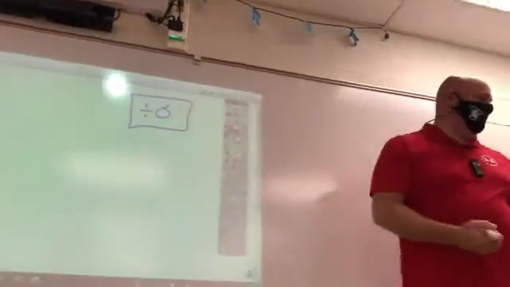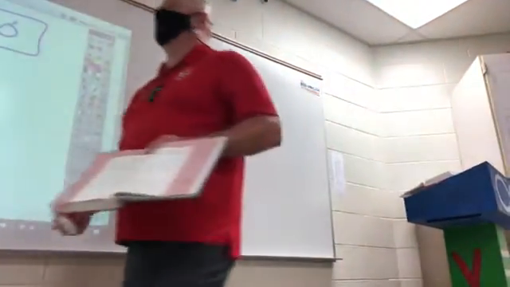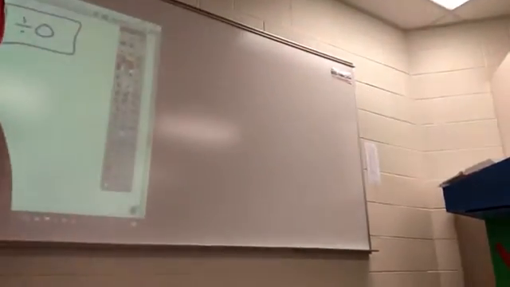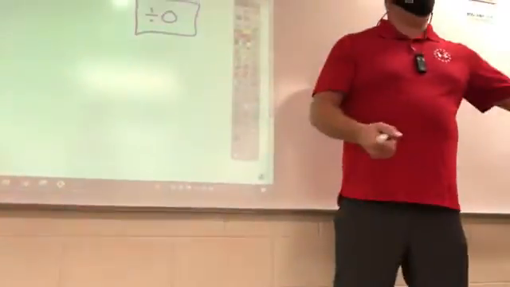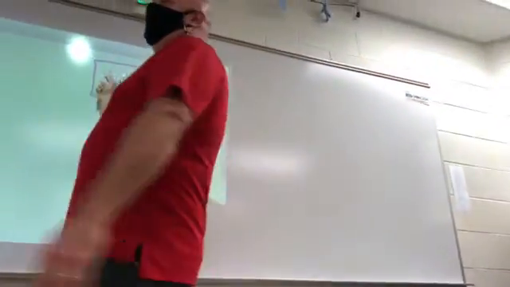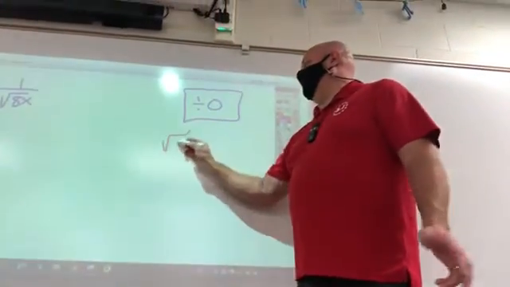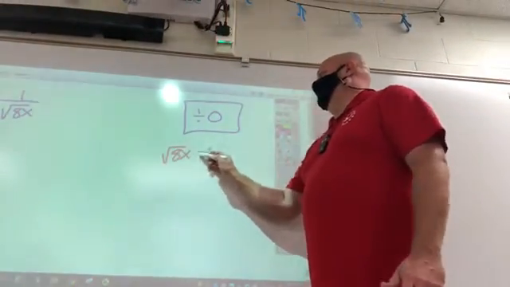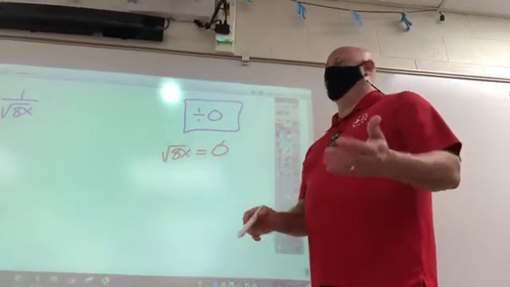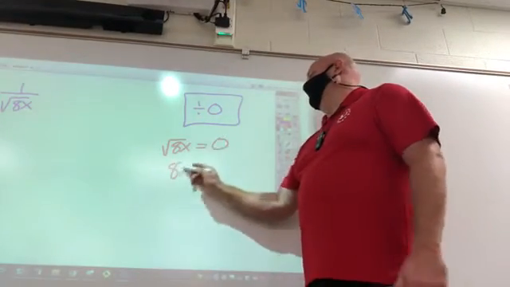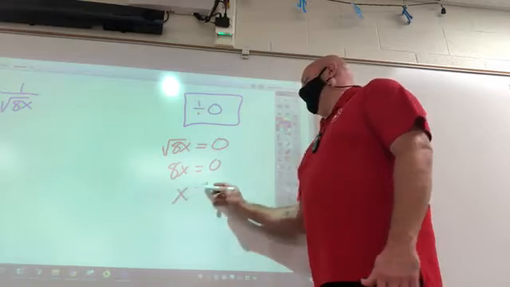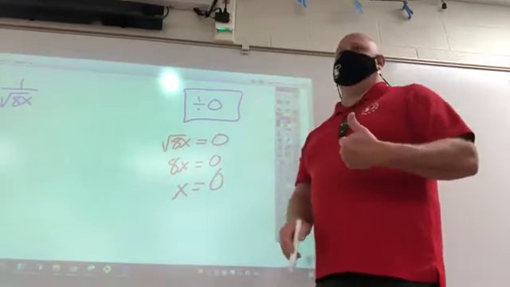So in a question like, let's just do 17. It says 1 over the square root of 8x. Well, what's going to make the error of dividing by 0? If the denominator equals 0, right? Which you square both sides. So x is not going to be allowed to equal 0, right?